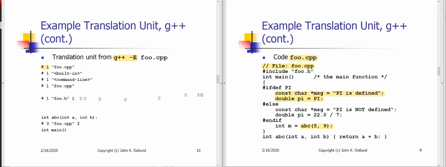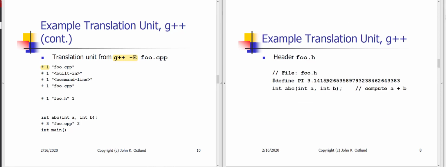And you may recall, let me pull it back up on the right-hand slide. foo.h has 3 lines in it. And here are those 3 lines. Now, again, I can't highlight any of these except for the last one of the 3 lines. But the first line in foo.h is a comment, which is simply eliminated by the preprocessor. The second line is a pound define of pi.